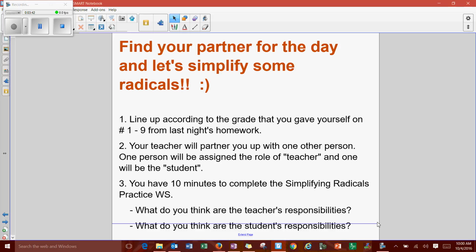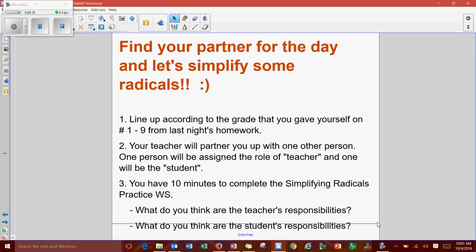For example, if you got a 9 out of 9 correct on the homework, please find someone who maybe got a 1 or 2 or 3 or 4 correct on the homework, because you guys are going to work on simplifying more square roots. And I want one person to kind of be the teacher and one person to kind of be the student. Now take a minute and think about what the teacher's responsibilities are and what the student's responsibilities are. You guys should be working on this practice together. You should be working at the same pace. You should be giving each other help, asking questions, answers to all of the problems.